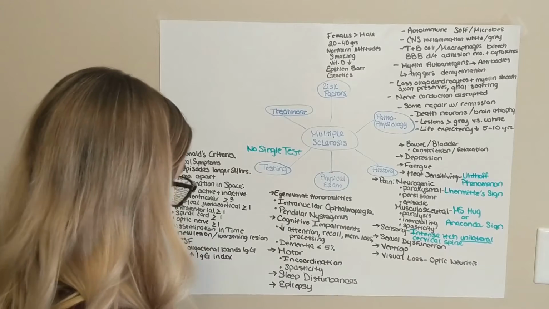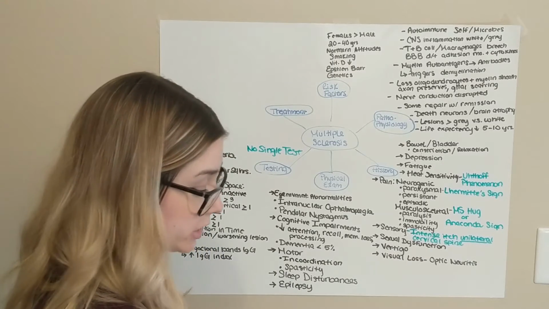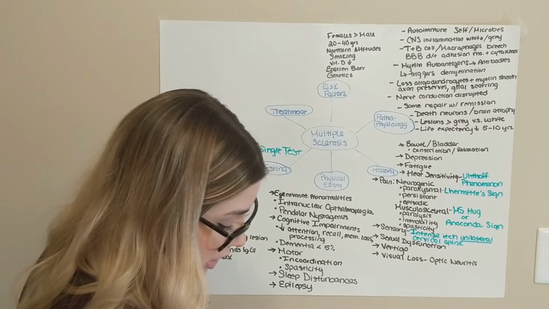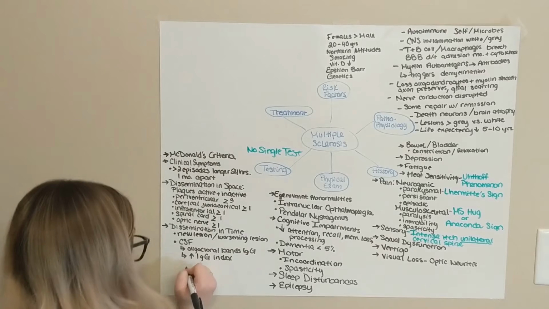And the other ancillary testing that we could do would be a test called evoked potentials, and this is going to show a decrease in nerve impulse conduction.